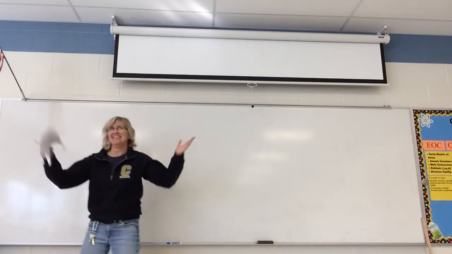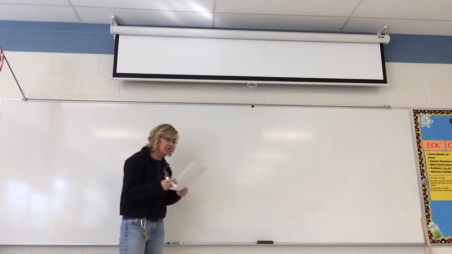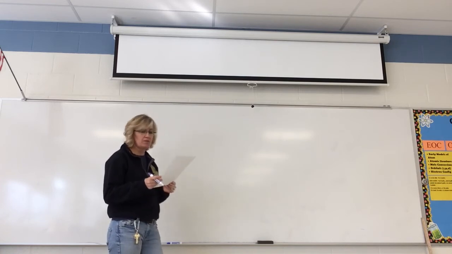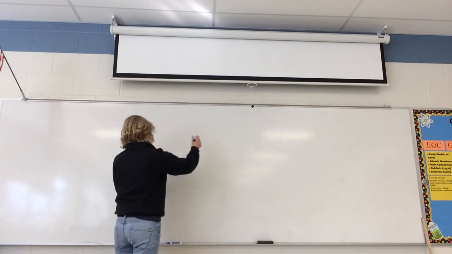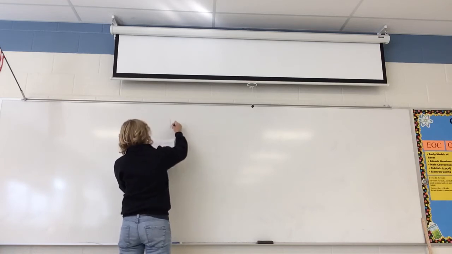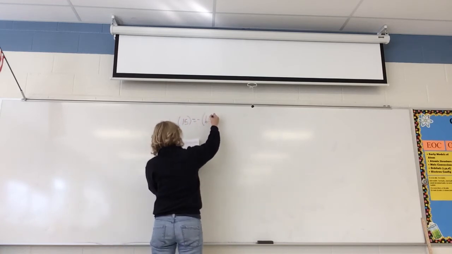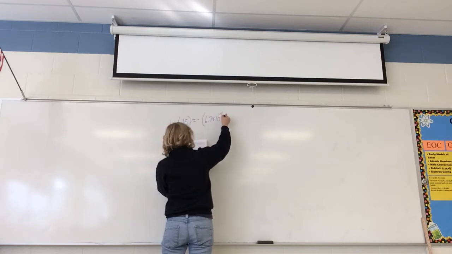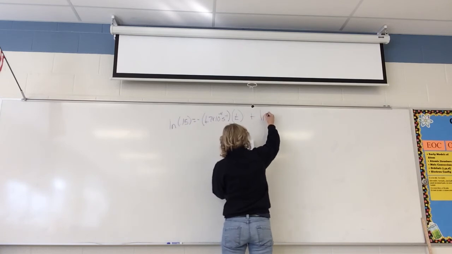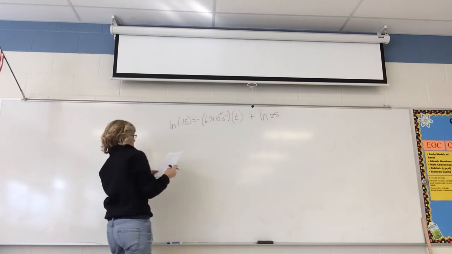How long in minutes will it take for the concentration of cyclopropane to decrease from that initial amount to 0.15? Well, this time our equation will be the natural log of 0.15 equals negative 6.7 times 10 to the negative 4th seconds to the negative 1 times the time, plus the natural log of the initial concentration.